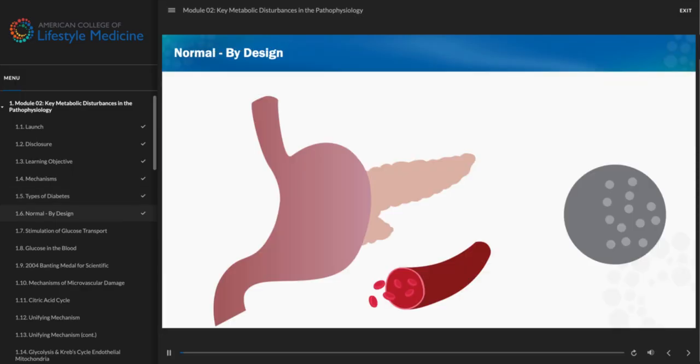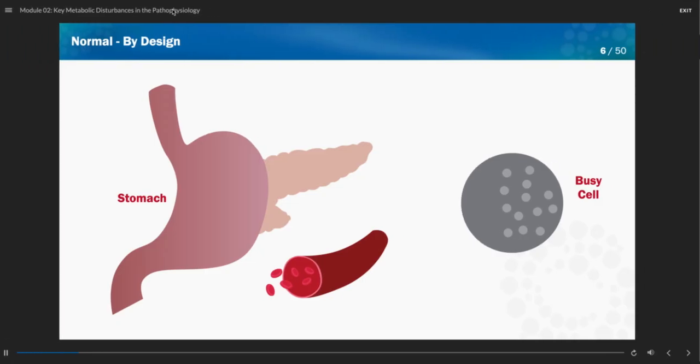In order to understand abnormal physiology, we need to understand something about normal physiology. Below is a bit of my artwork to try to explain this. One will identify a busy cell there on the right-hand side. There's a stomach at the end of the esophagus. And as you can see, the food comes down the esophagus, mixed up in the stomach, and is released into the small intestine.